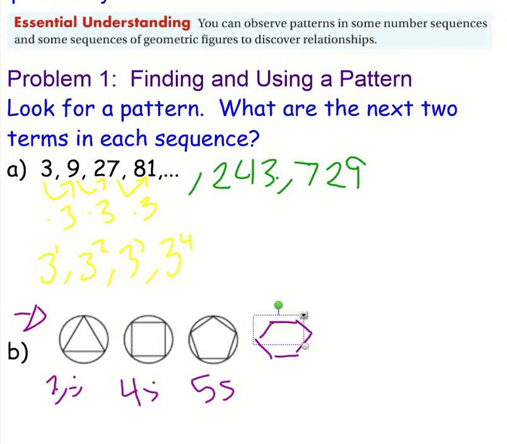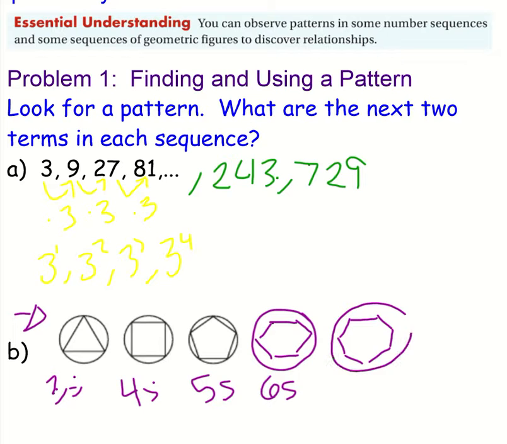Now you'll start to learn that my drawing skills are very subpar. So this would be the next drawing, a hexagon, which has 6 sides, and then we're going to have a heptagon, which is 7 sides. So 1, 2, 3, 4, 5, 6, 7, and that would be inscribed in that circle as well.